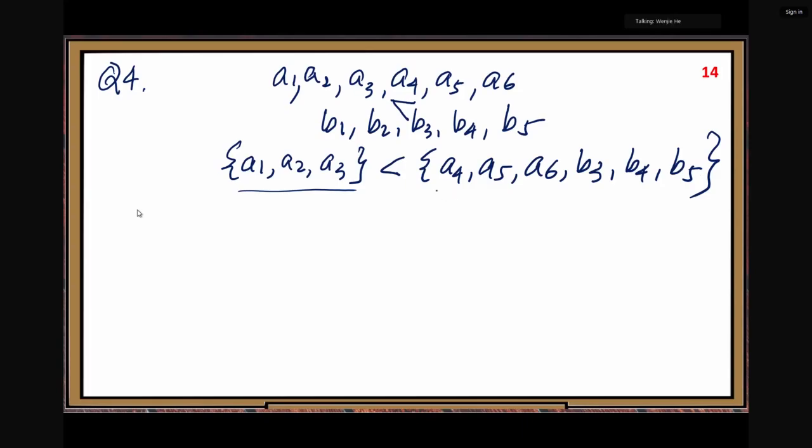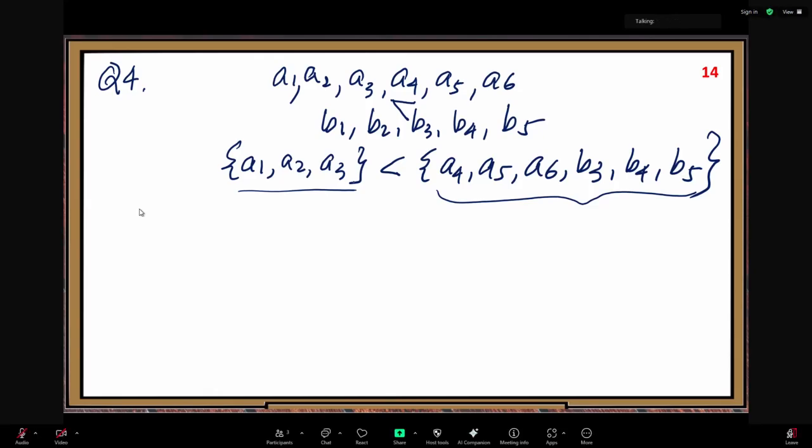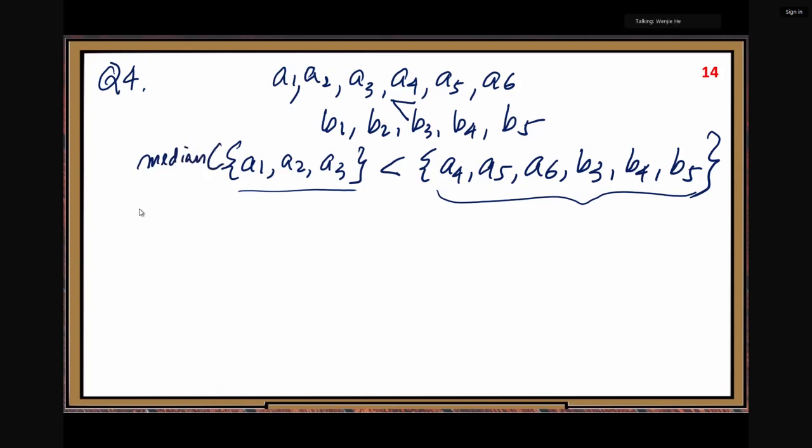There are 6 elements in the second set, so these elements are less than at least 6 elements. Then it cannot be the median. So the median cannot belong to these 3 elements.